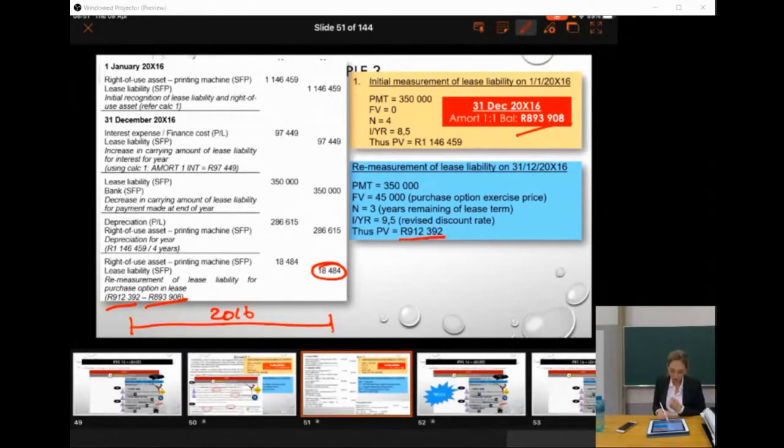We only remeasured at the end of the year, so my depreciation for this period will still be based on my initial estimates. That's why our depreciation is still going to be over 4 years. But when you look at the journals for 2017, there we use the remaining useful life, which is then going to be 7 years.